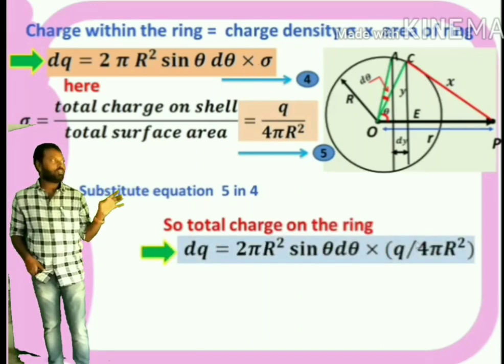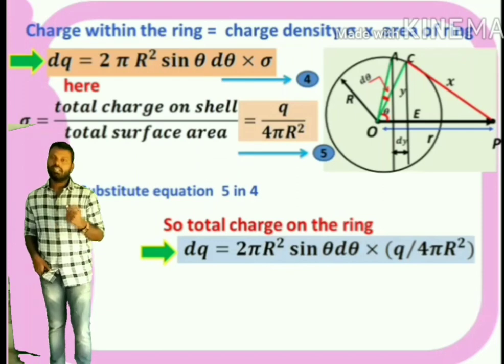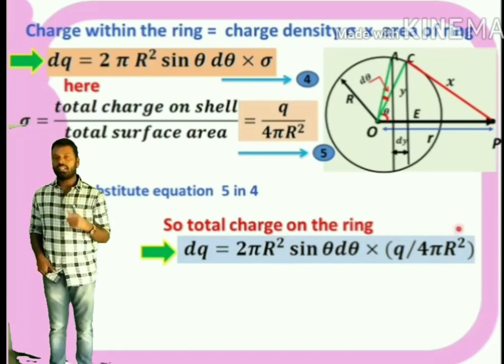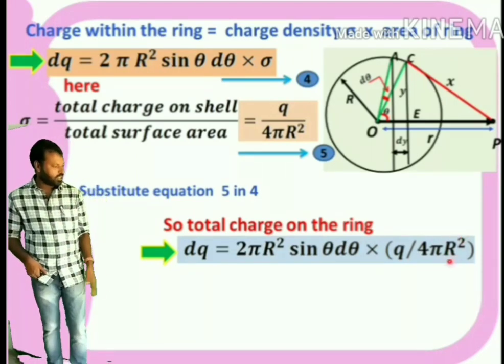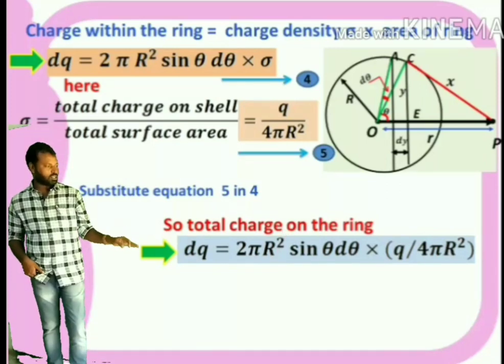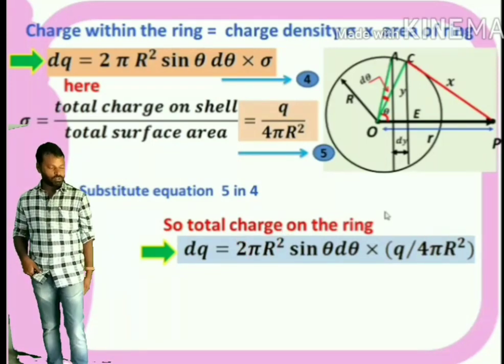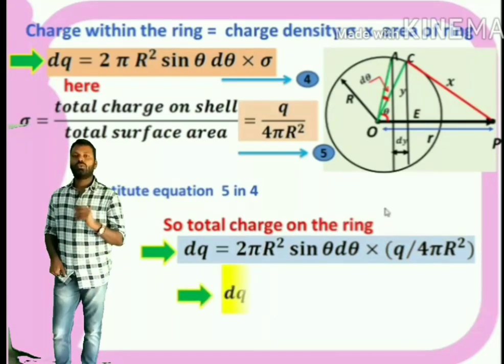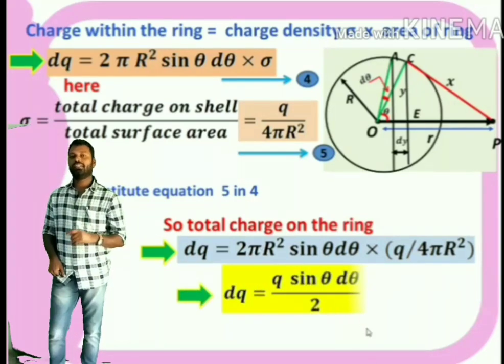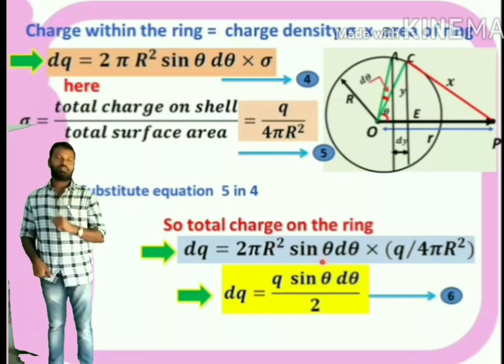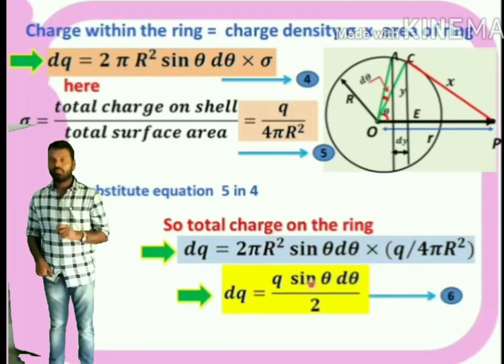Sigma means Q by 4 pi R square, right? See here, R square get cancel, and 2 and 4, 2 cancel, pi cancel. Then what I will get? dq is equal to Q sin theta d theta by 2. This is equation 6, right?